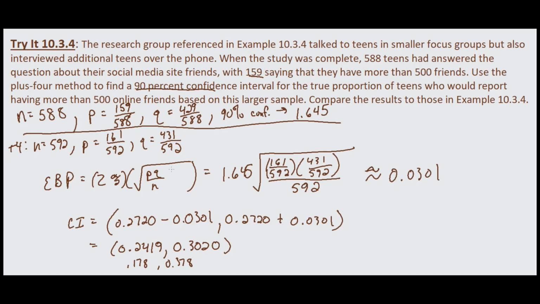So in typical fashion, we increased the sample size and left the other aspects the same as far as the confidence level is concerned. It's going to make that confidence interval more narrow than what it was prior.